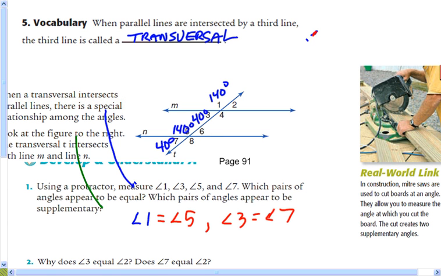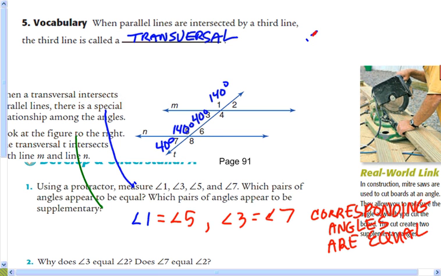And if you remember from earlier in the lesson, those are corresponding angles. And it is true. Corresponding angles are equal when you have two parallel lines cut by a transversal. So I'm going to write that right now. Corresponding angles are equal.